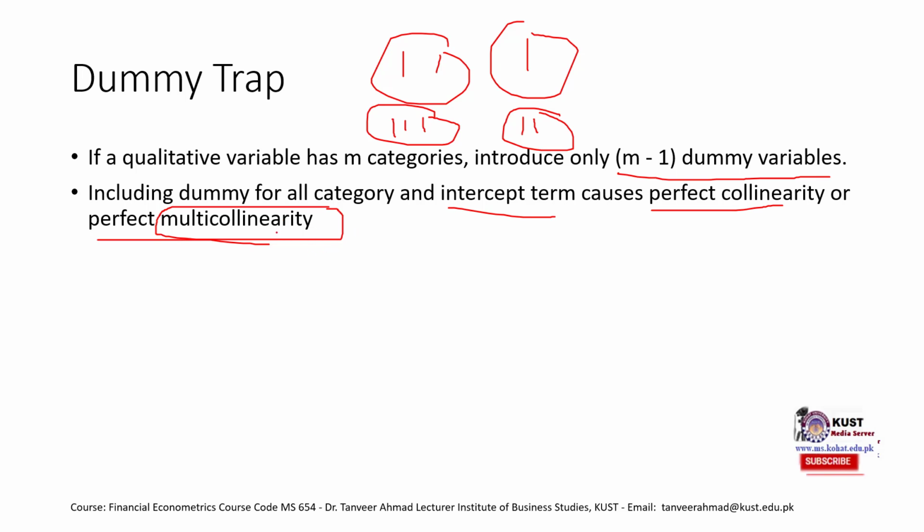Whenever you have this perfect multicollinearity case, the statistical package you are using would not run the regression, or it would omit a variable. So if we include all the categories as dummy variables, and also include the intercept term, then we would have an issue which is called the dummy trap.